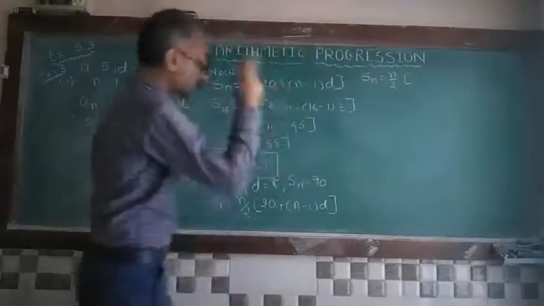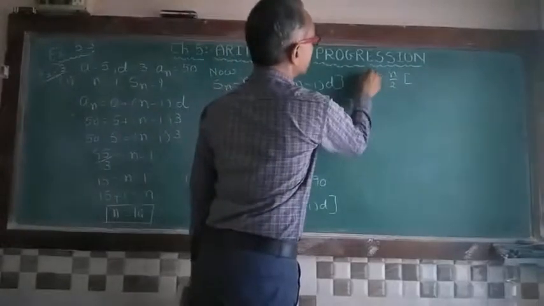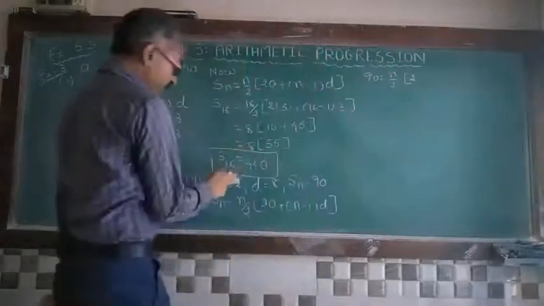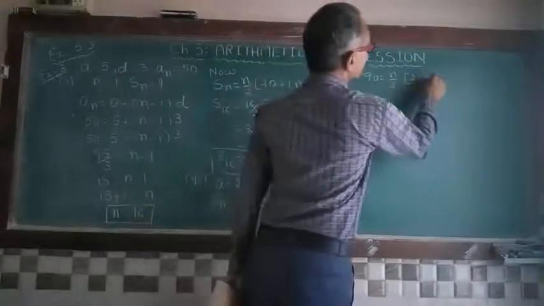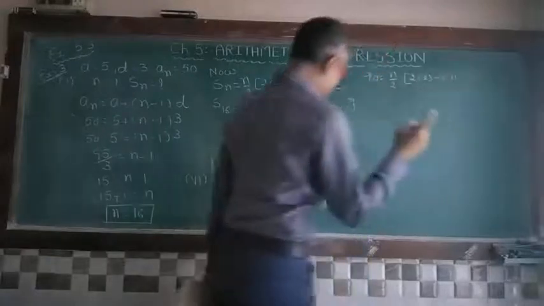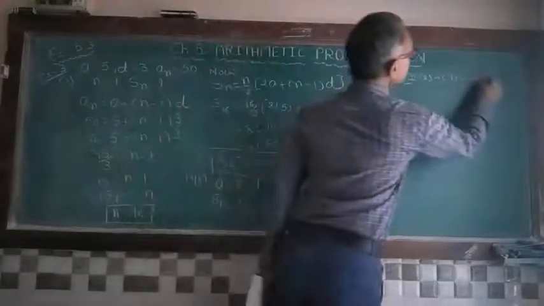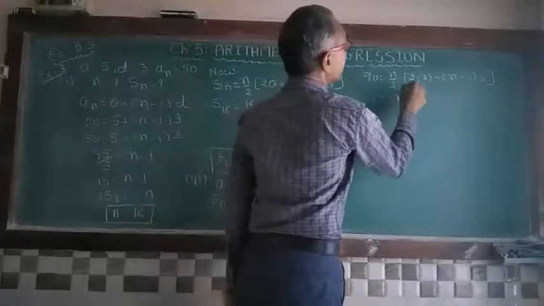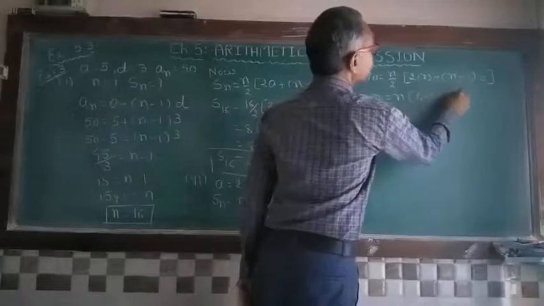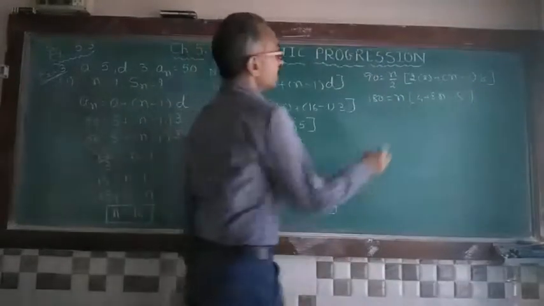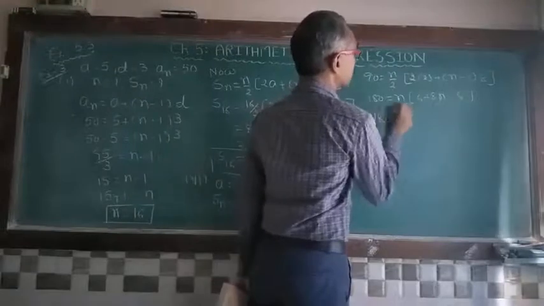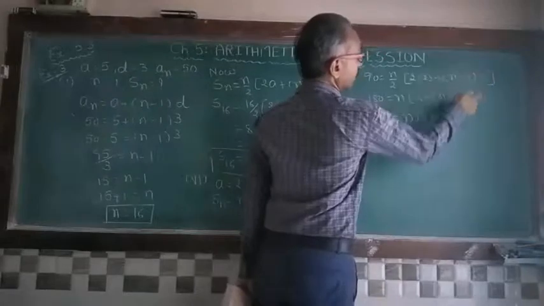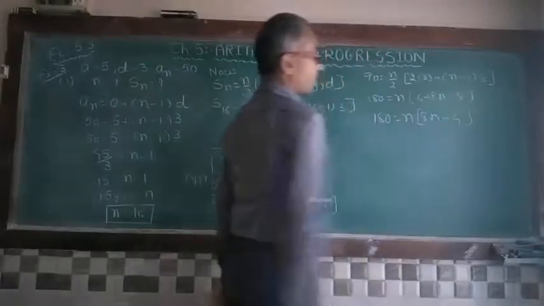Here the value of Sn is given to you, 90, so you can put here 90. n by 2 into 2 times your a, which is 2, plus n minus 1, and d is given to you, 8. So 90 into 2, that is 180, is equal to n into 4 plus 8n minus 8. Now 180 is equal to n into 8n plus 4 minus 8, that is minus 4.